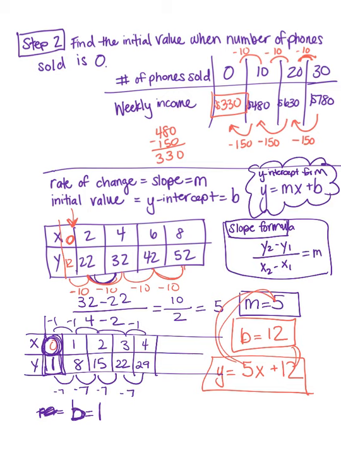So I'm just going to take 4 minus 3 on the bottom and 29 minus 22 on top. 29 minus 22 is 7. 4 minus 3 is 1, so 7 over 1 equals 7. So our slope is 7.